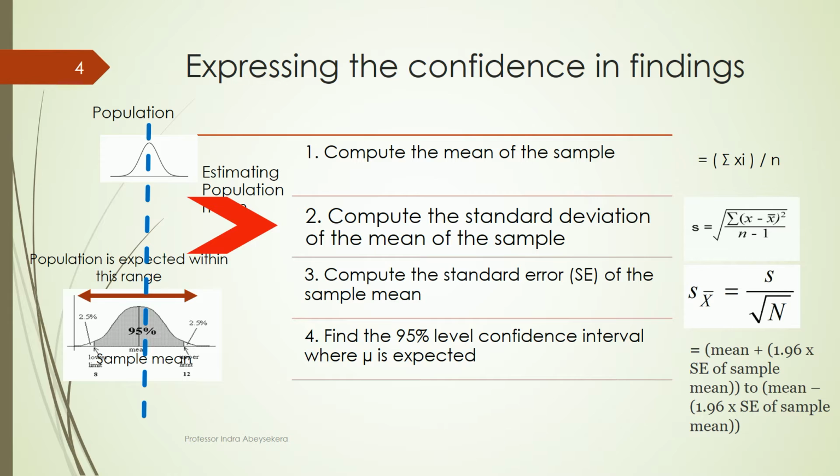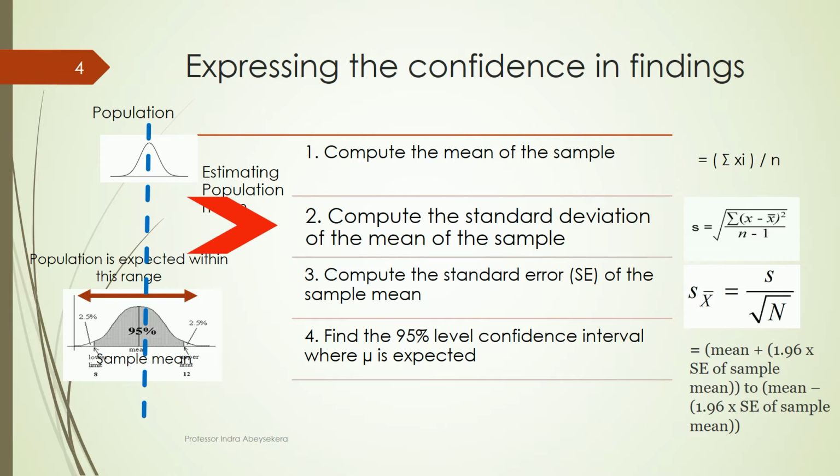We take the distance of each observation from the mean we have computed and square it, and then divide by sample size minus 1, which we call the degree of freedom.